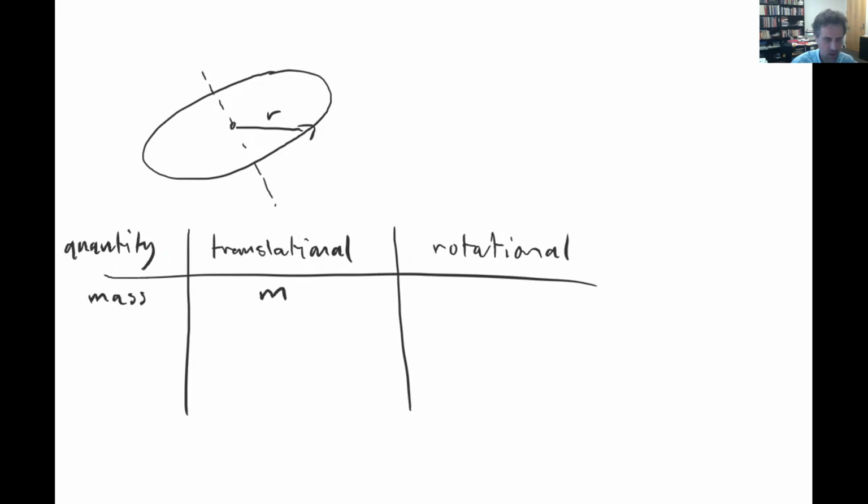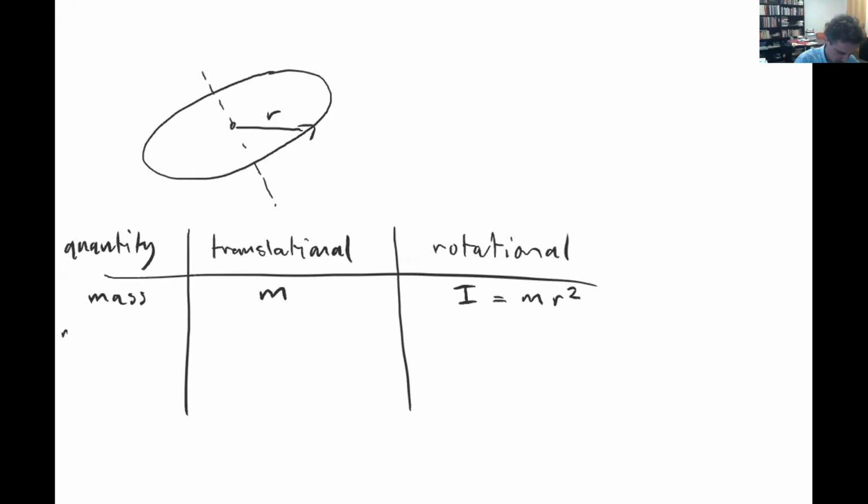But in the rotational frame, so to speak, a more useful quantity turns out to be the inertia, which you are familiar with, hopefully, from regular physics courses. So what you see here is m times r squared. The r, of course, is the radius of the ring, and m is the mass. So the inertia on this ring is m times r squared.